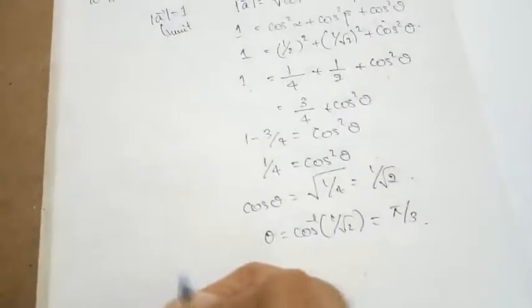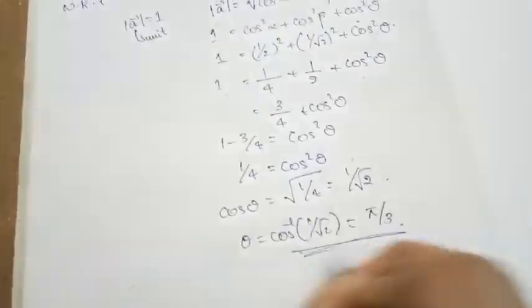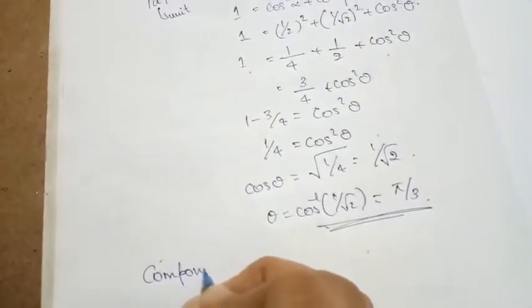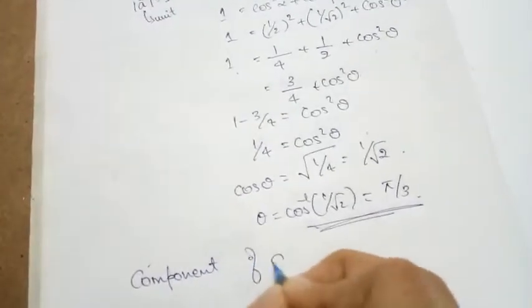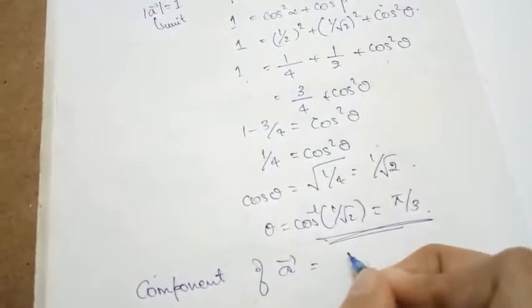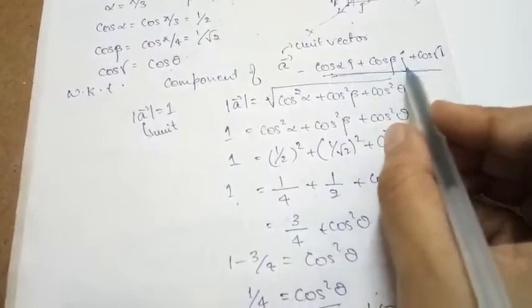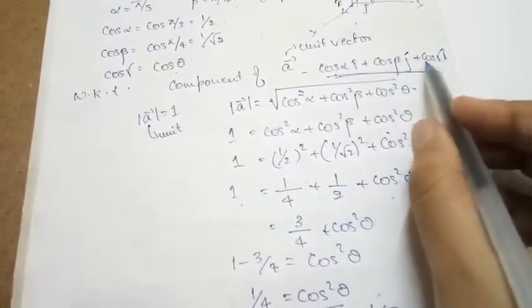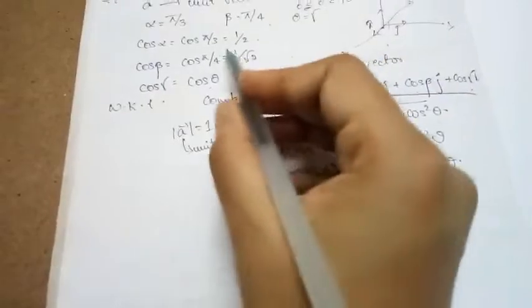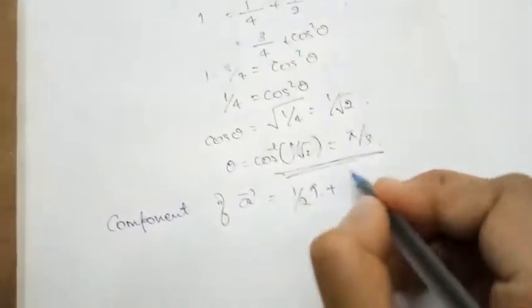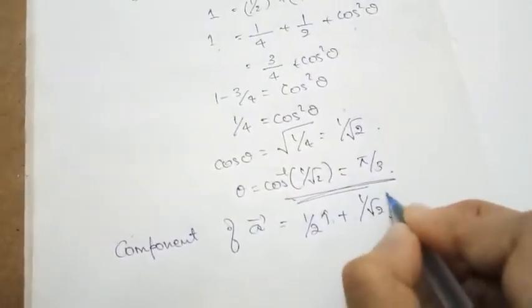So now we got theta equal to pi by 3, and therefore the component. What is the component of vector A? As I said earlier, it is cos alpha i cap, cos beta j cap, cos gamma k cap. So what is cos alpha? It is 1 by 2 i cap. What is cos beta? 1 by root 2 j cap.